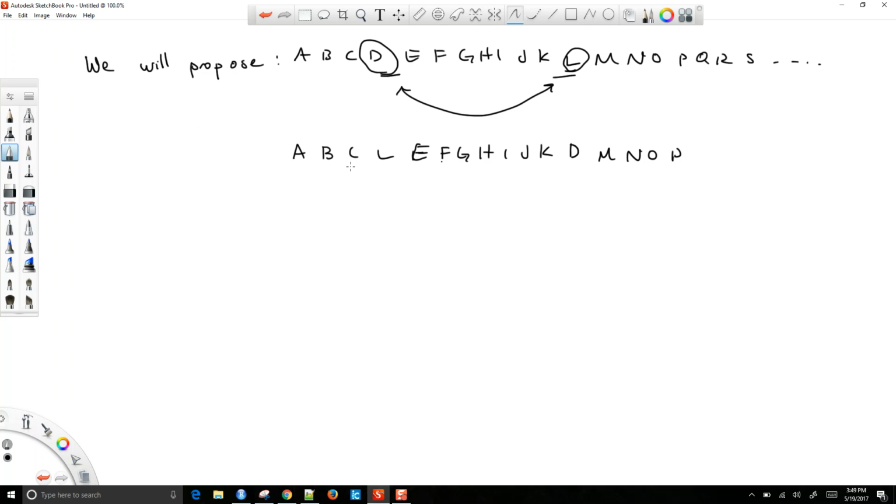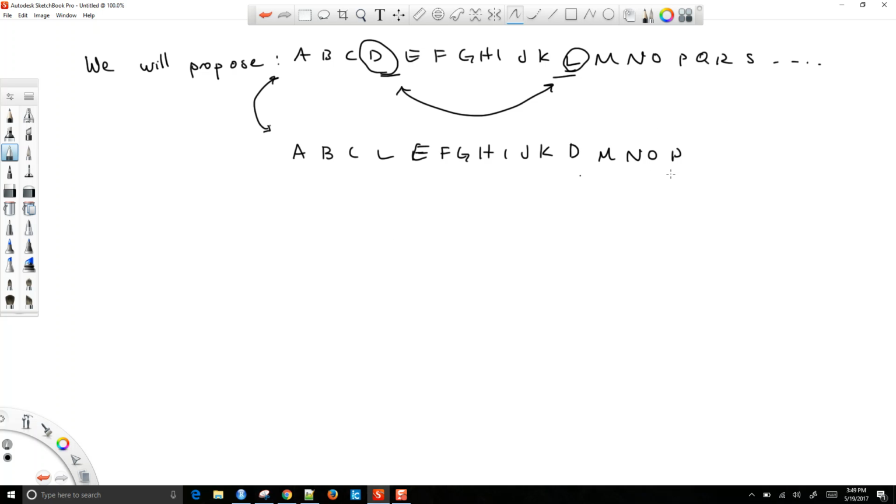It's a symmetric proposal because if we currently have this, we are just as likely to propose this as, from here, we are to propose this, because we're just taking two letters and swapping them. So to go from one to the next, you have a symmetric probability: we are just as likely to propose this as to propose in the other direction.